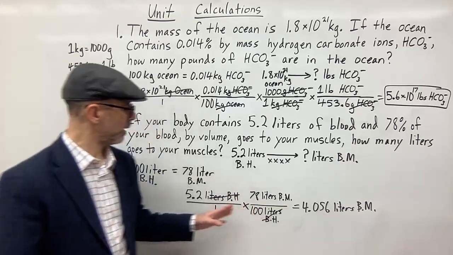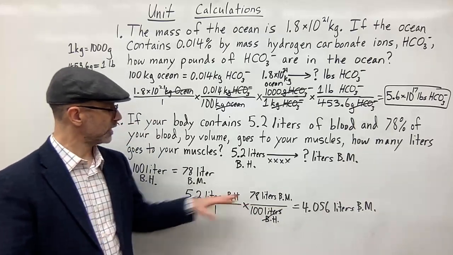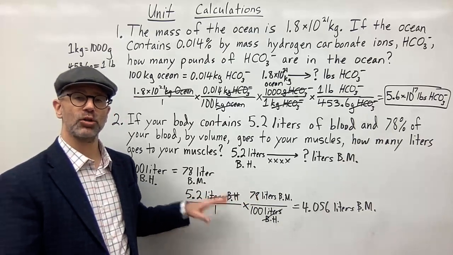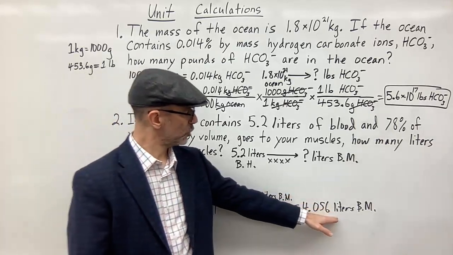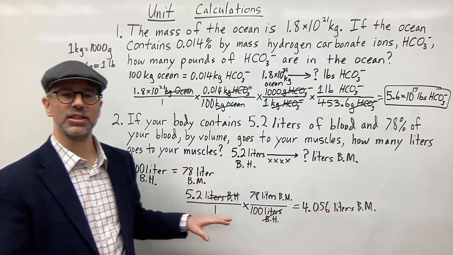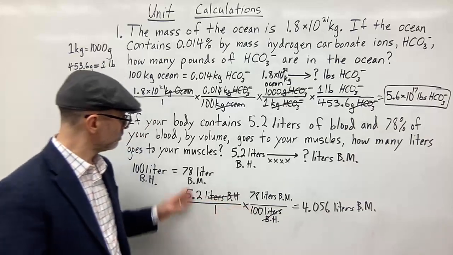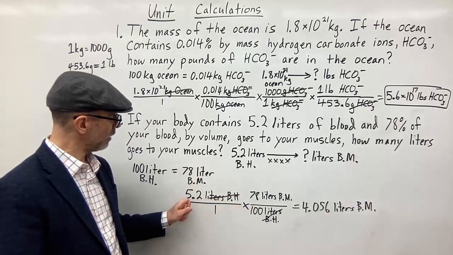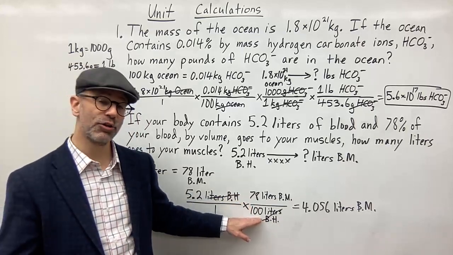And so remember, with regard to sig figs when multiplying and dividing, your answer should have the same number of sig figs as the least number of sig figs. In this case, we have 2 sig figs here, and 2 here. Now, you might be wondering about the 100 here.